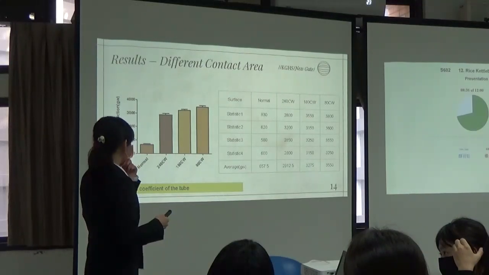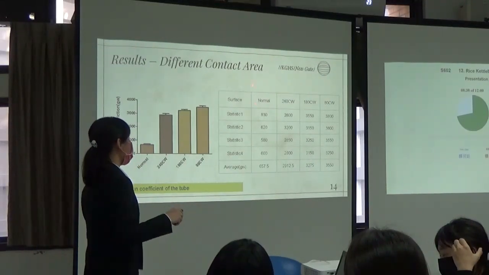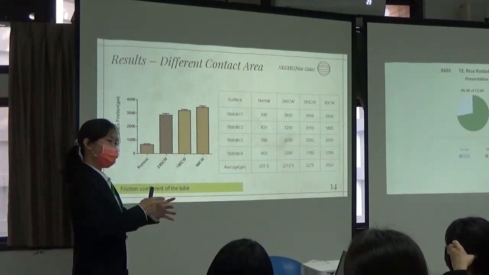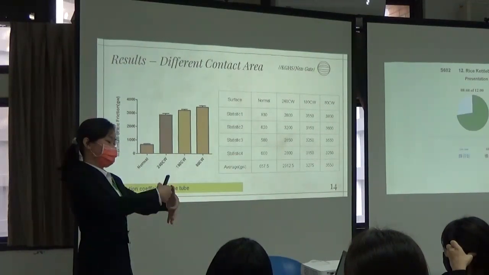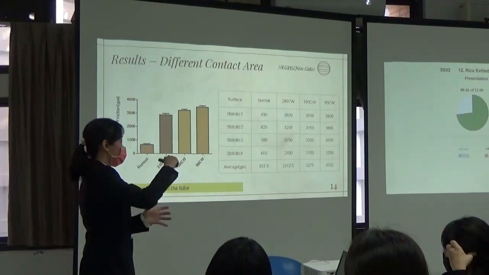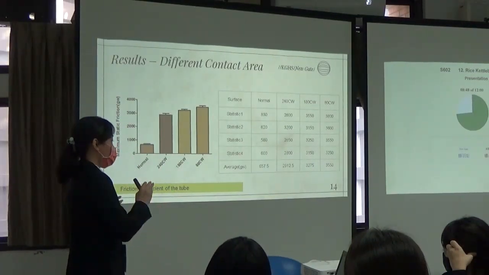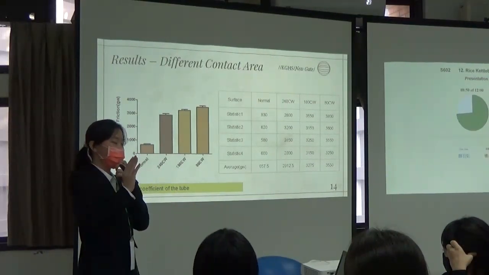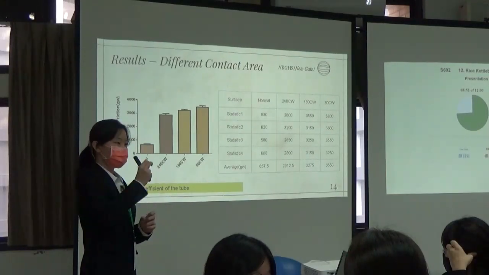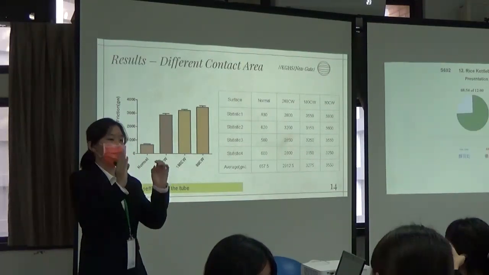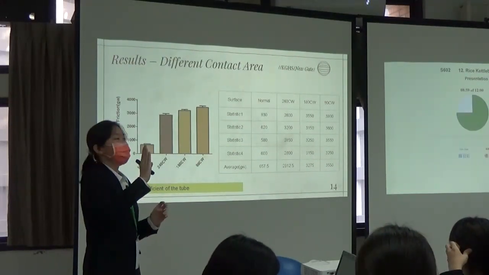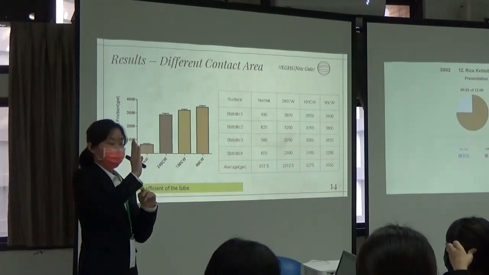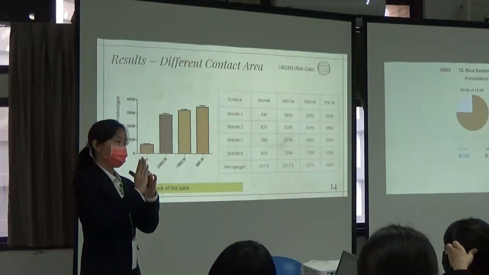And next is the different contact area. We put some sandpaper on the inner part of the tube, and then we put rice inside it. Like I just said, the rice gives the stick friction, and the rice gets friction from the vessel. So we want to know how the mu_s of the outside of the vessel would affect our results.